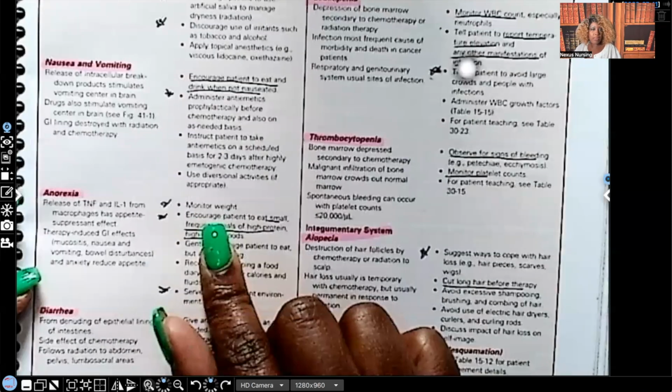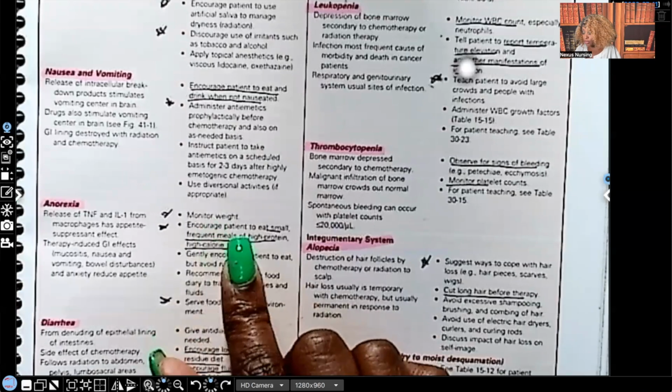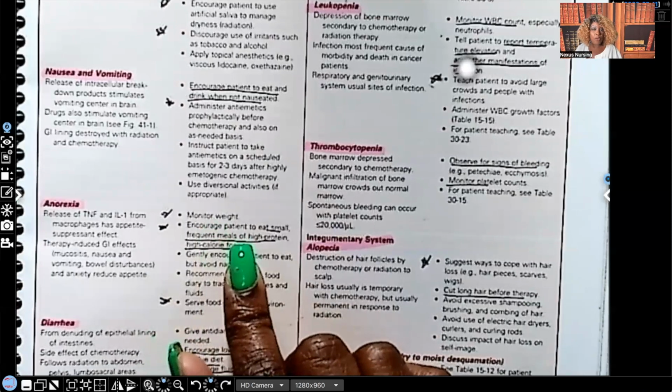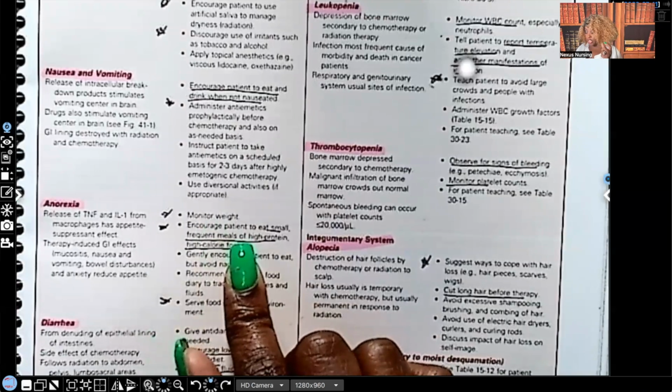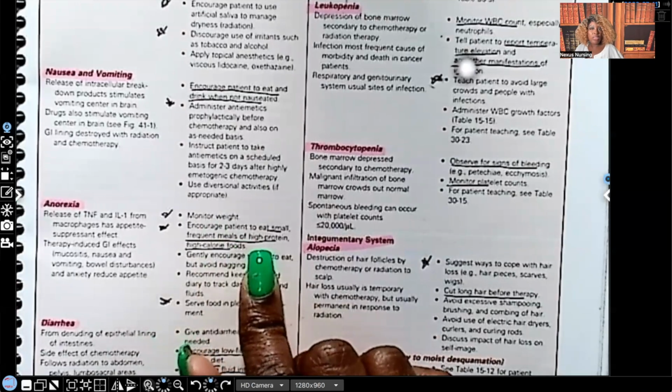For anorexia, where the patient doesn't want to eat, we're going to be monitoring their weight. We're going to encourage the patient to eat small, frequent meals. Small, frequent meals are good for GI irritation, okay? But those small, frequent meals, we want them to be high in protein. Why? Protein is not only good for building muscle, protein is also good for wound healing.